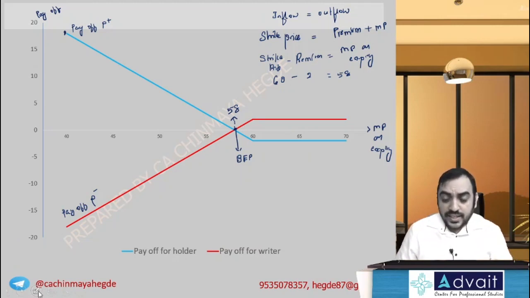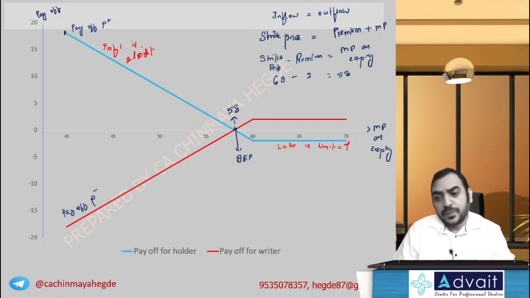Okay, now let's understand about the payoff portion for the holder. You see, payoff for the holder: loss is limited to the premium. How much profit? Profit is almost unlimited. I don't say unlimited, almost unlimited.